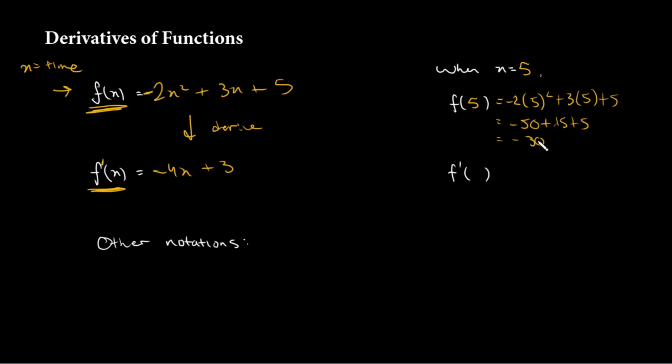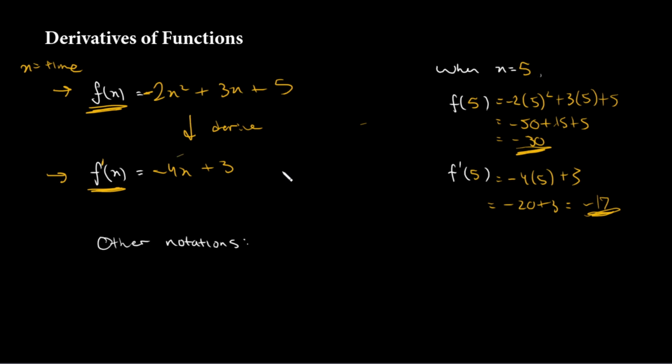And so this is the position value, but you're asked to find the rate of change when the projectile is at this time. So then what you would do is take that same x value and plug it into the derivative of the original function. If we plug in 5, we'll get minus 17. And there you go. This would be the rate of change at which the projectile's position is changing at this time.